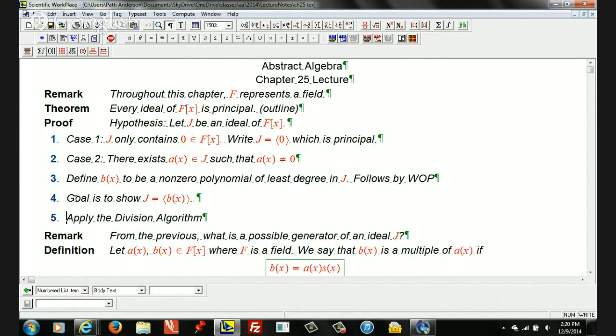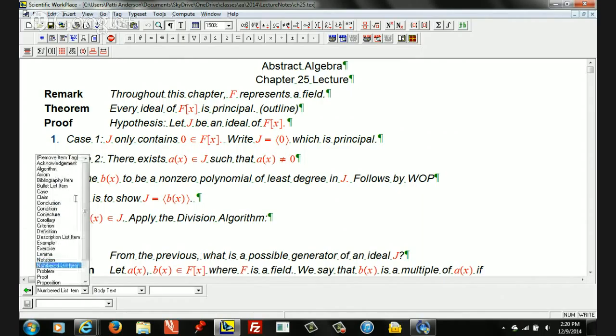Okay, so apply the division algorithm. So we're just going to have A be something in J. So the division algorithm says what?